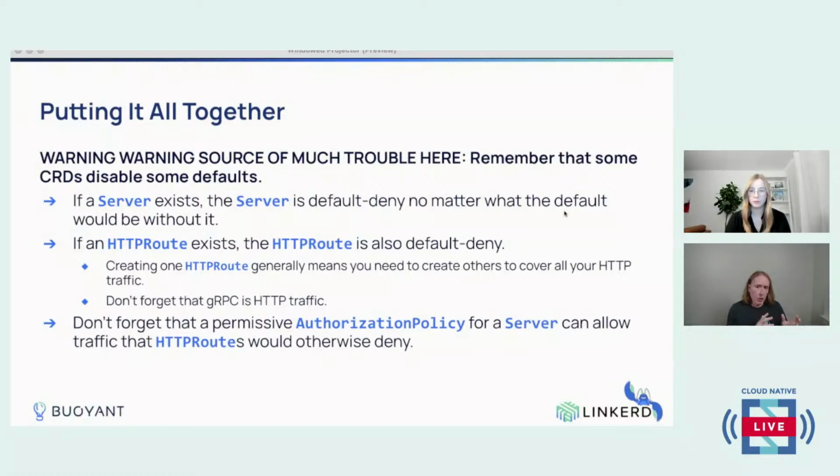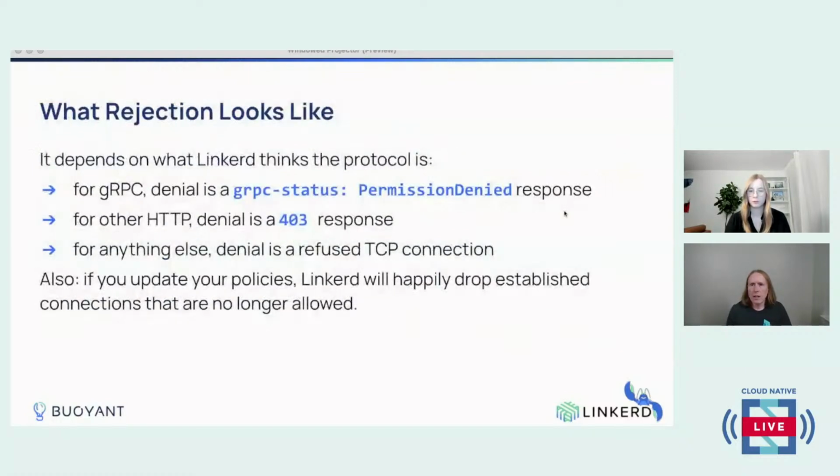What we're going to do in the demo is show a way where we're using restrictive authorization policies and then opening up a little bit. And that ends up working pretty well. But if you're trying to do permissive workload-based authorization policies, that can be really confusing if you then try to mess with HTTP routes afterwards.